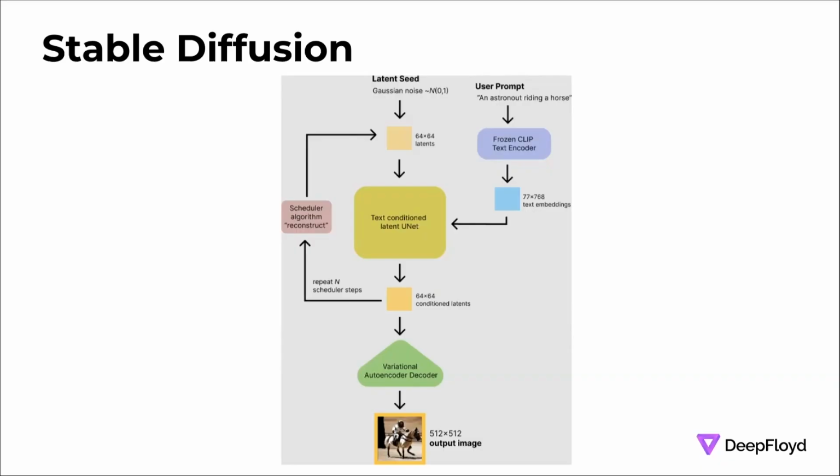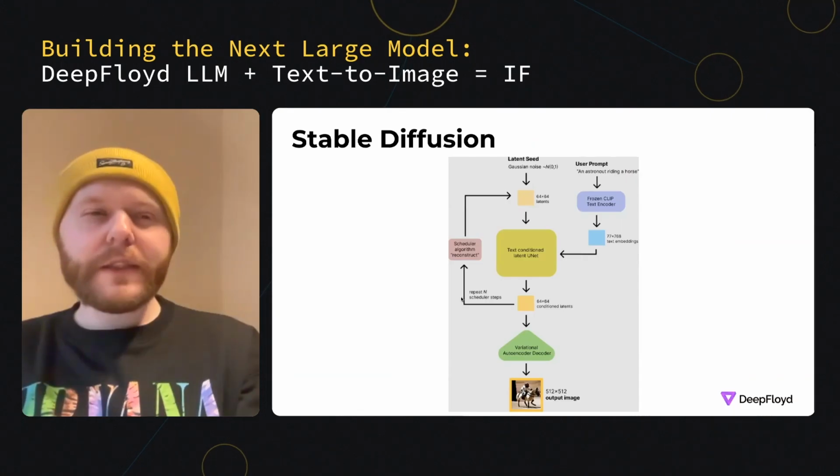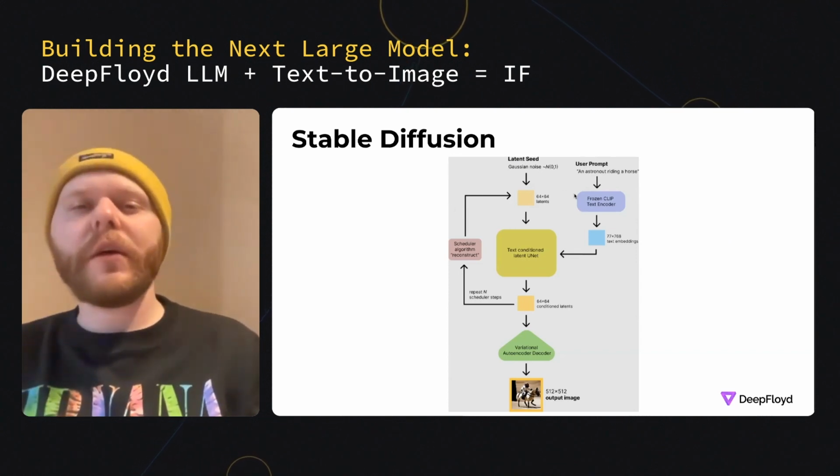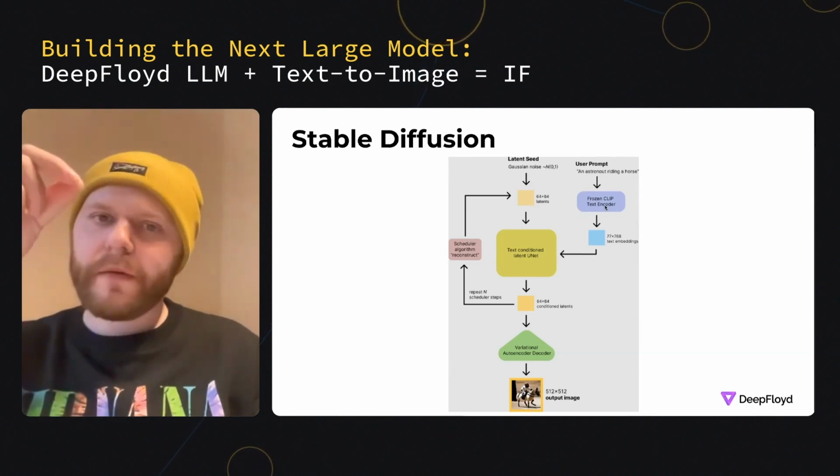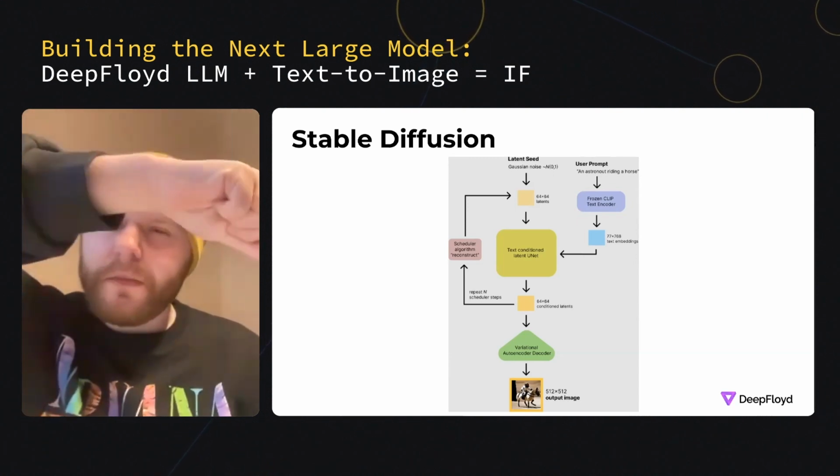Stable Diffusion, this network that has been built by Robin and his team as a part of Stability AI, is a very popular network nowadays. It's also a very complex scheme, maybe not the best one, but you can see there is a frozen CLIP part here too. What does it mean? It means that just as DALL-E 2 has a frozen text encoder, Stable Diffusion also has a frozen text encoder, but it doesn't make this kind of mapping from language embedding space to image embedding space.